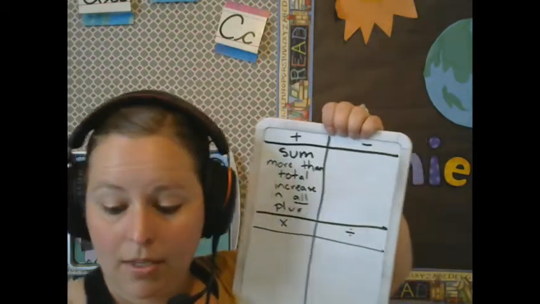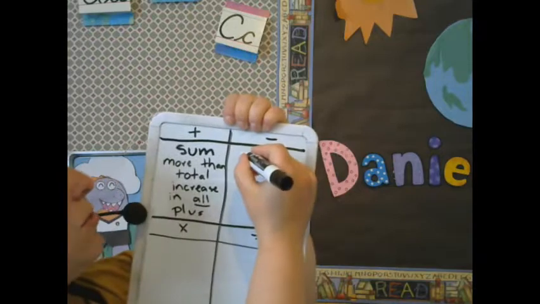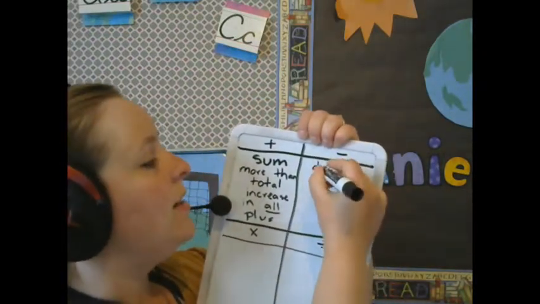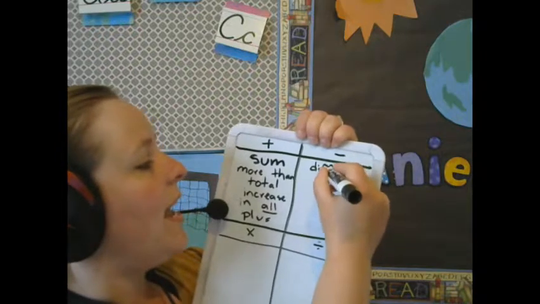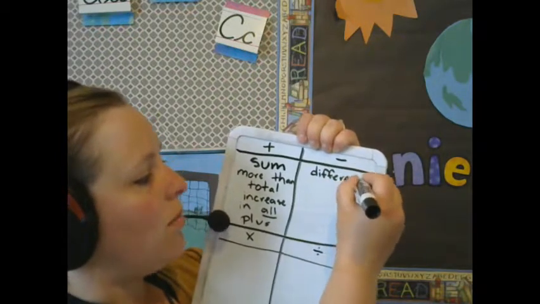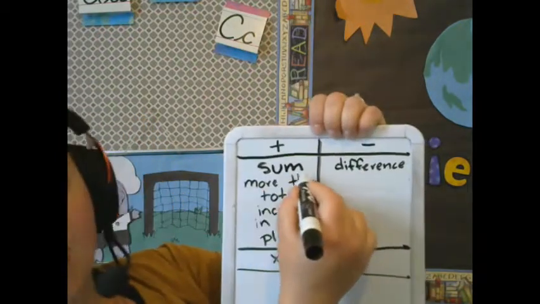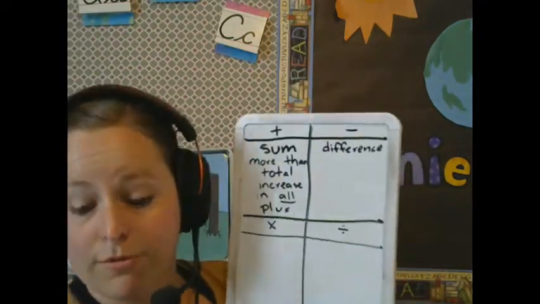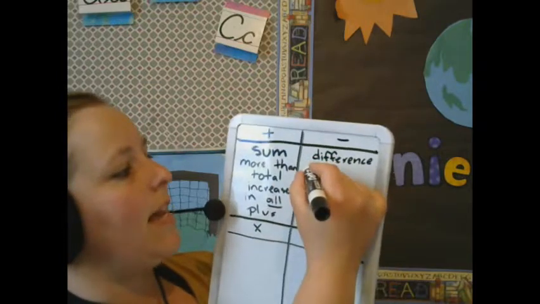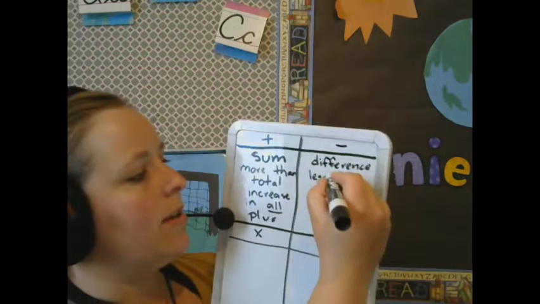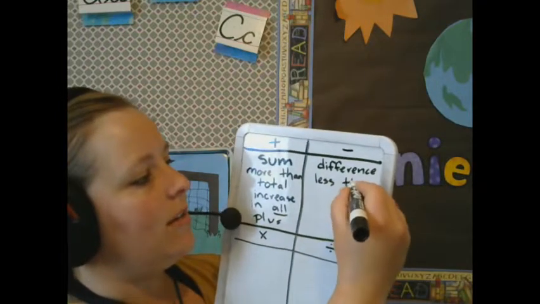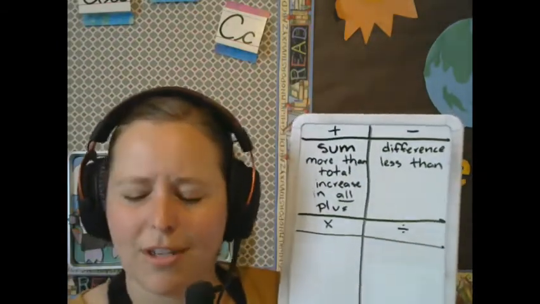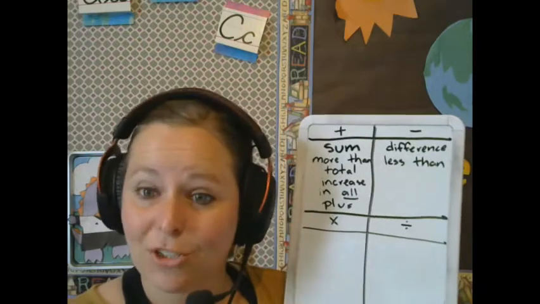Okay, then for subtraction, here are the words that will let you know that it's subtraction. The first one is difference. Difference just means the answer to a subtraction problem. Like I said, sum means the answer to an addition problem, and difference means the answer to a subtraction problem. So we've got difference, less than, which is kind of like the more than, just the opposite, because subtraction is the opposite of addition.